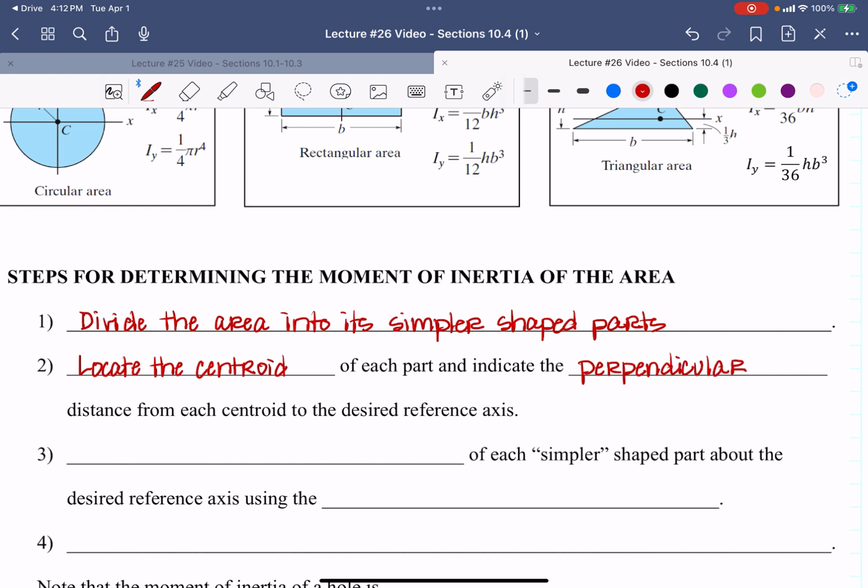In other words, if we are looking for the x-axis, we're going to use the y distance. If we're looking for the y-axis, we're going to be using the x distance.